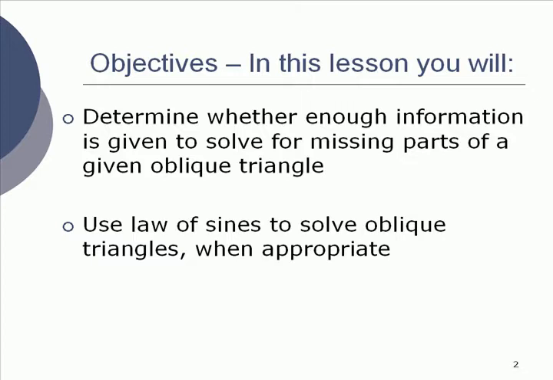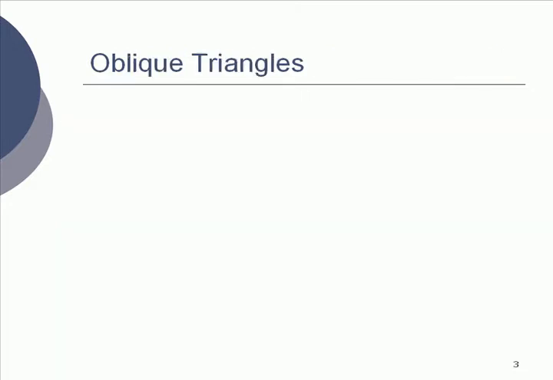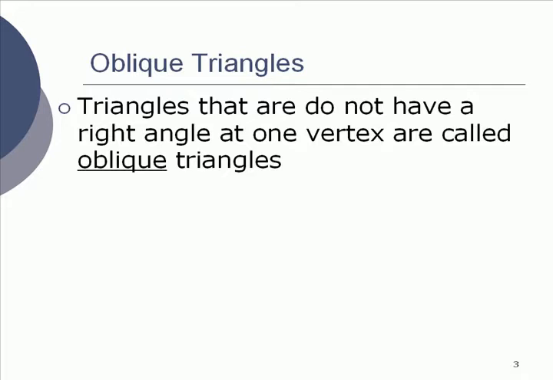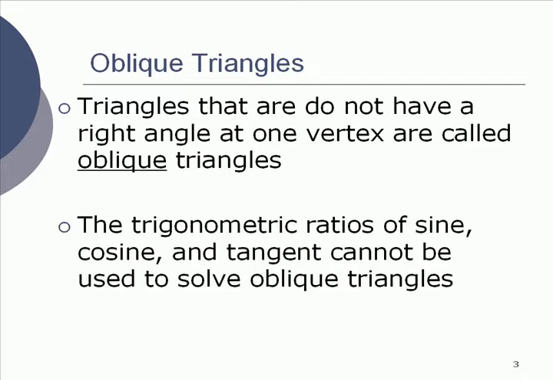Now, a little information about triangles that aren't right triangles. First of all, any triangles that don't have a right angle are oblique. End of story. Now, when we're working with oblique triangles, the trig ratios sine, cosine, tangent don't apply.